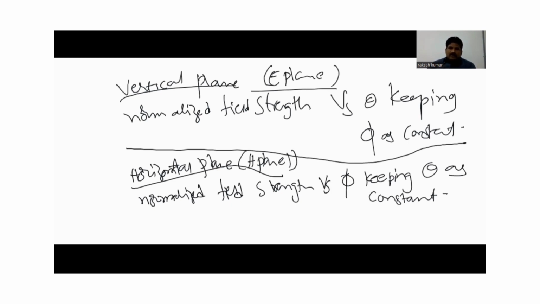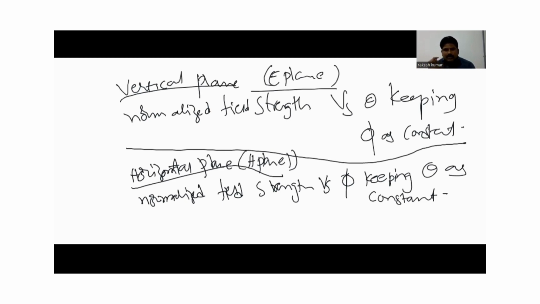Okay, it is clear. So, what is meant by a vertical plane and what is meant by a horizontal plane? We are converting a three-dimensional plot into two-dimensional plots, either in the E plane or H plane, that is, the vertical plane or horizontal plane.